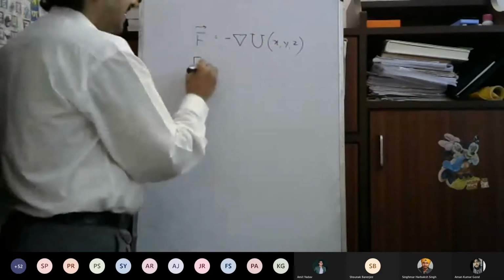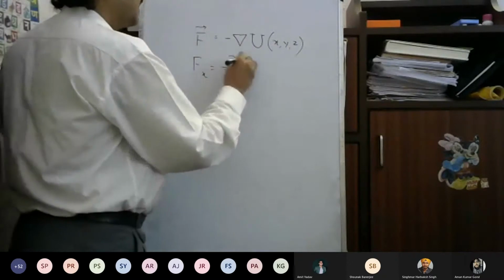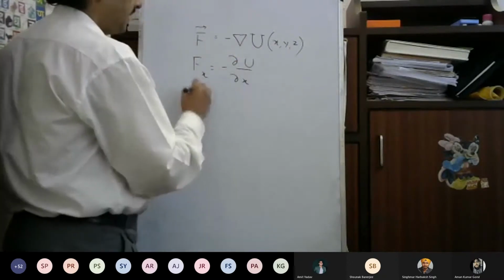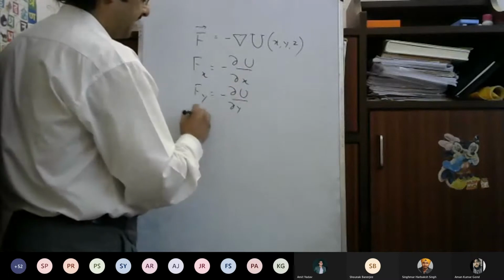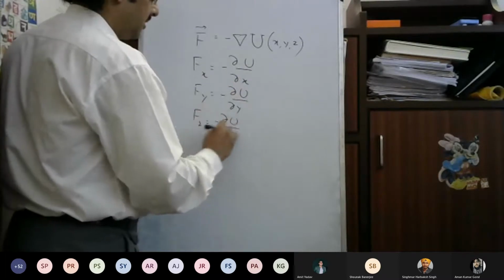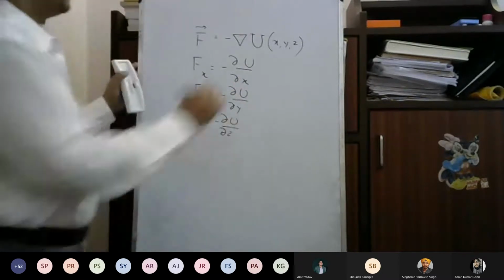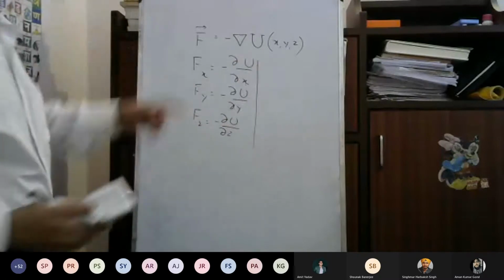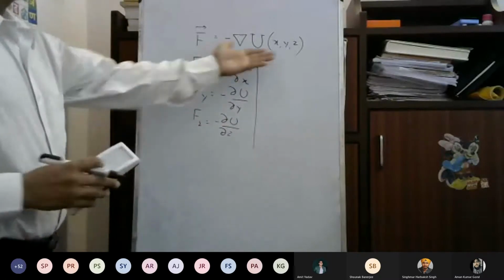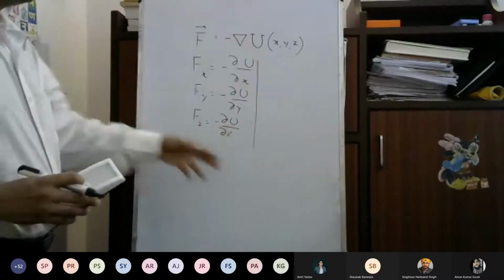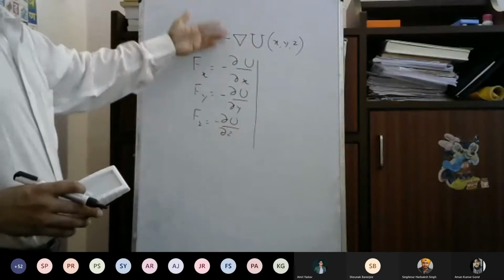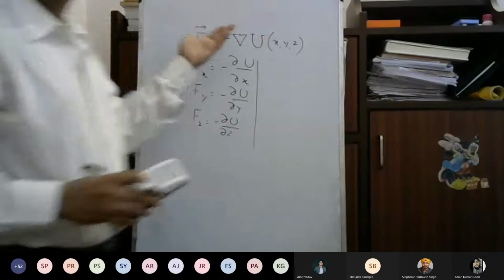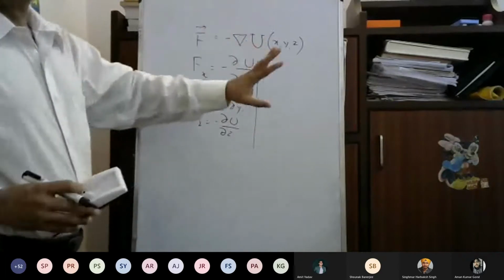That means Fx equals minus del U del x, Fy equals minus del U del y, and Fz equals minus del U del z. If we are able to write the forces in this form, where U is a function of x, y, z, then this is known as a conservative force. If we are not able to write the force in this form, then it is a non-conservative force.